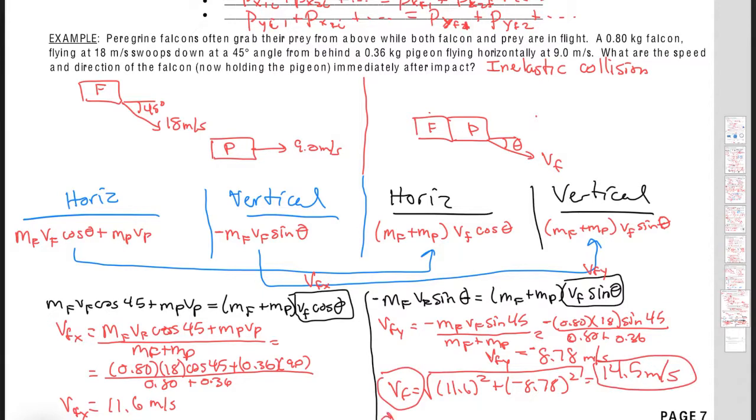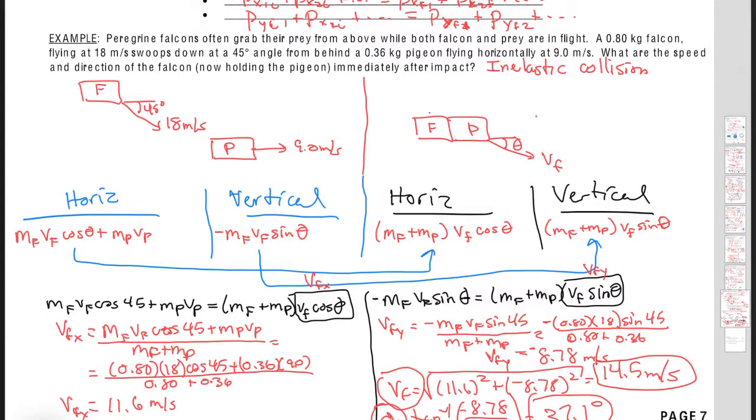And then I'm going to do the inverse tangent of my y component over my x component. And it's going to be a negative 8.78. So 8.78 divided by 11.6 equals, and I'm going to do the inverse tangent of that, and it's going to be 37.1 degrees.